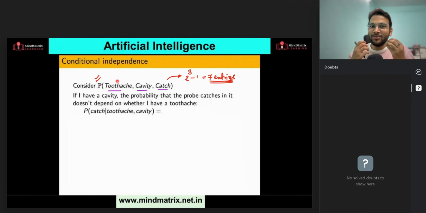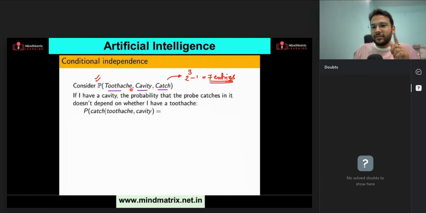This is very logical, and you already know this, right? Once I tell you, you will say, oh yeah, that is the reason. Okay, let me tell you this. If I'm going to make a joint probability distribution table, I will have 8 values. But don't you think that one value you can eliminate? Why?